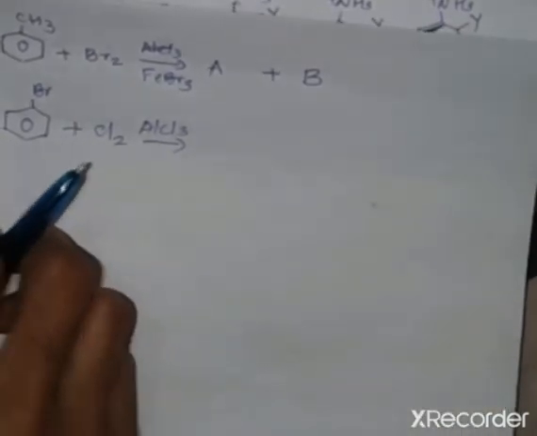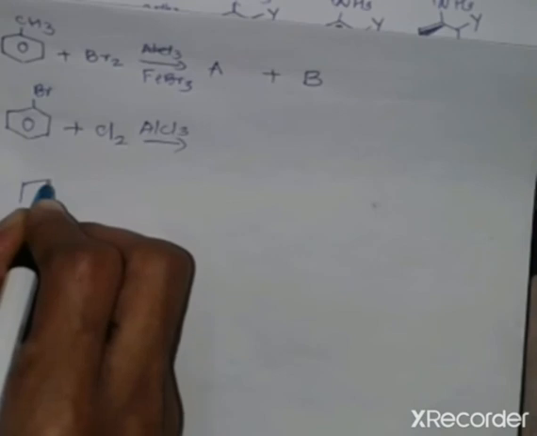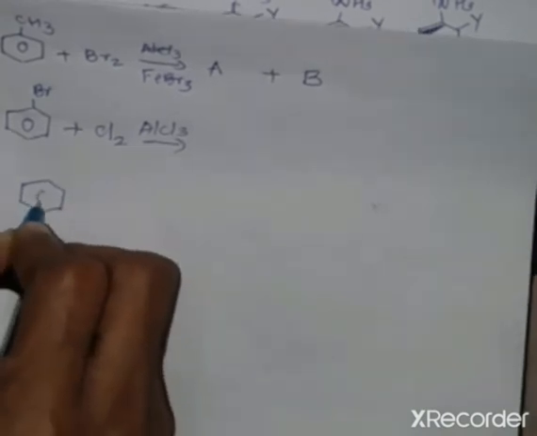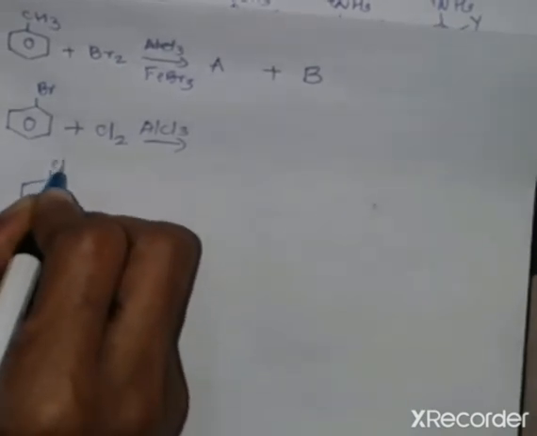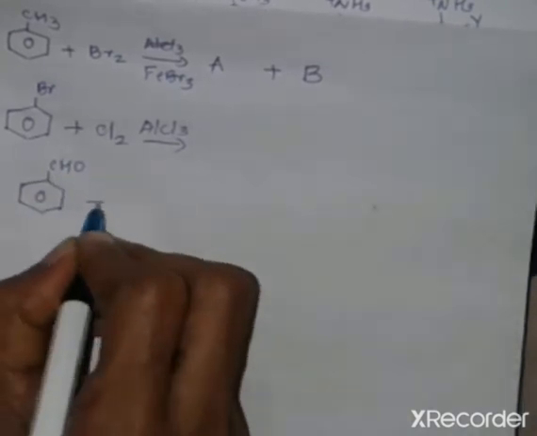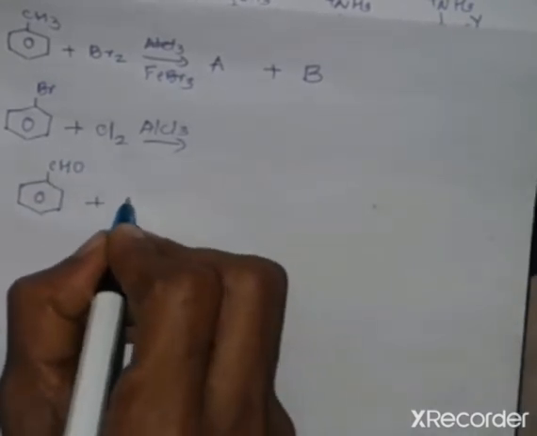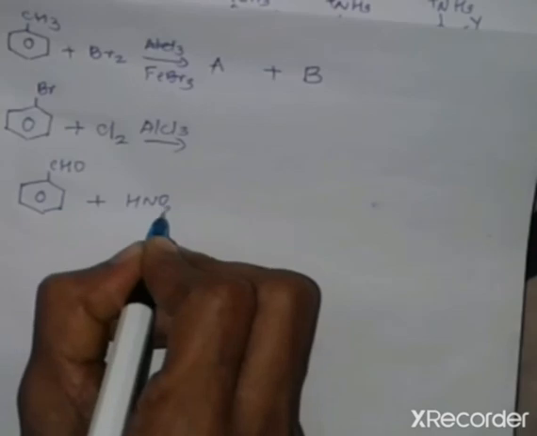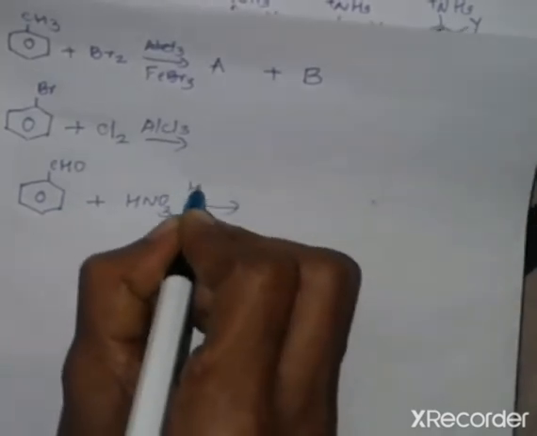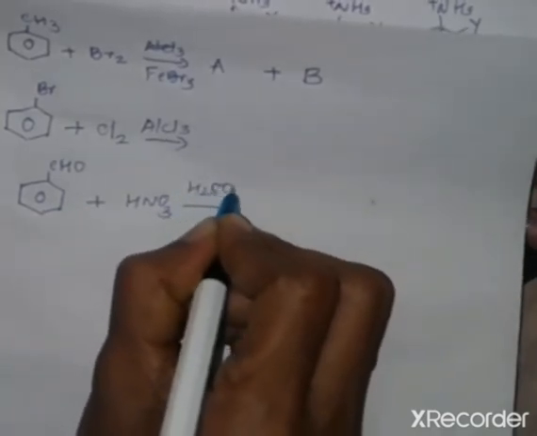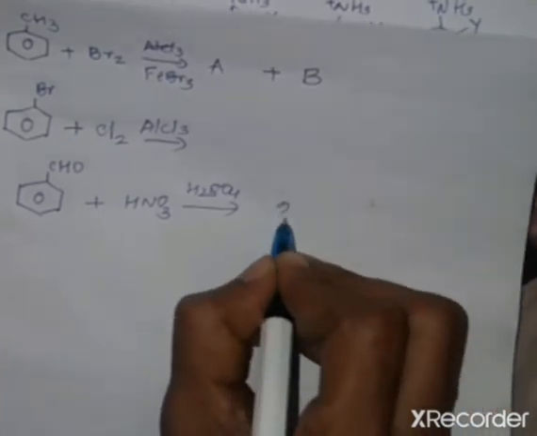And the next one, the benzaldehyde, CHO, undergoes nitration, NO3, in the presence of concentrated H2SO4. Give the product.